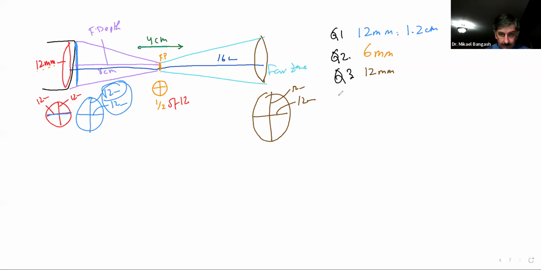Question number 4. At what depth is the focus? Although in the diagram they hadn't labeled that, we can say from our diagram that the beam focuses at a depth of 8 centimeters.